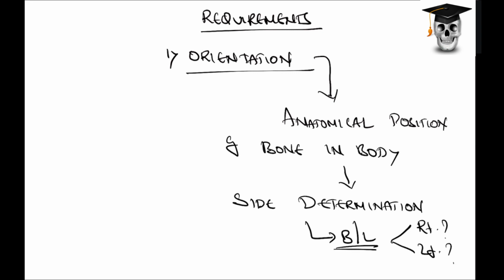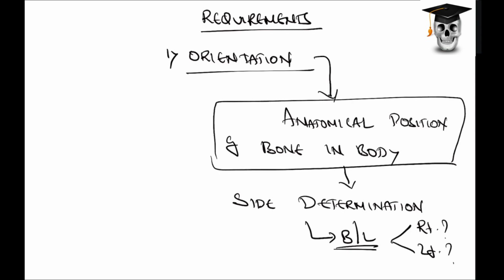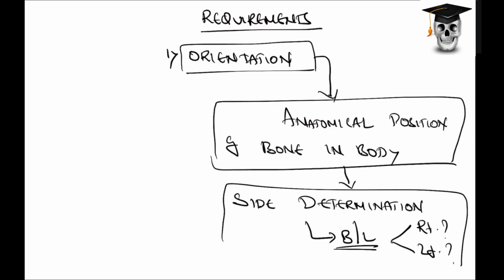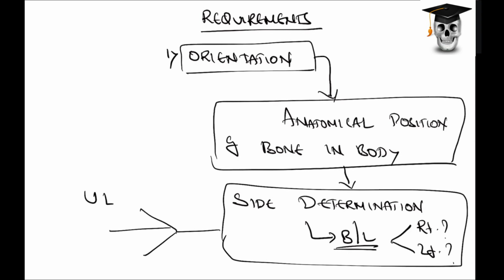Otherwise, for bones which are not bilateral, this question doesn't arise, but the anatomical position and orientation remain the same for all bones. Side determination is limited to bilateral bones, like those of the upper limb, lower limb, and the ribs in the thorax, which are again right and left.